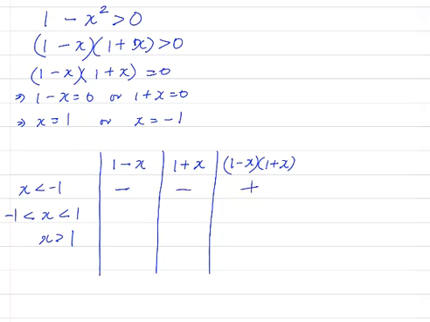Alright, if x is less than 1 but greater than minus 1, for example, if x is 0, 1 minus 0 is positive, and 1 plus 0 is still positive. Positive times a positive is a positive. So I'm not expecting that answer.